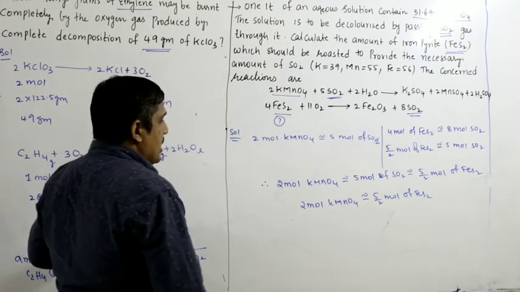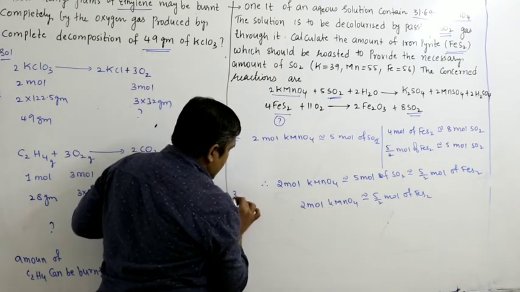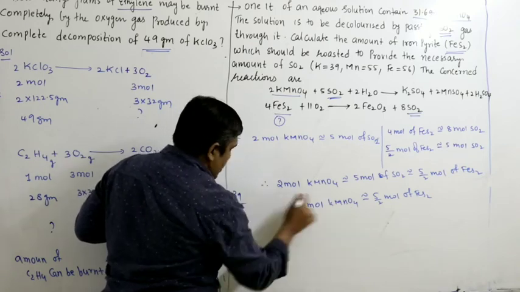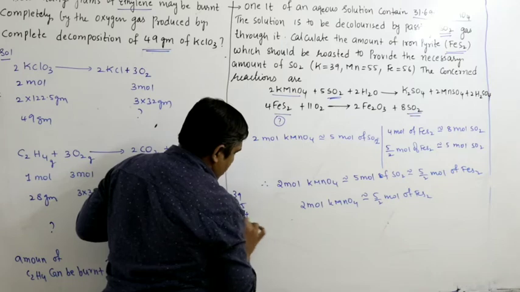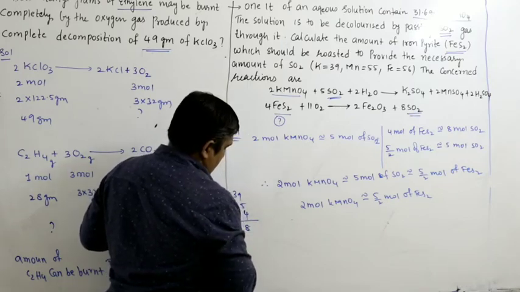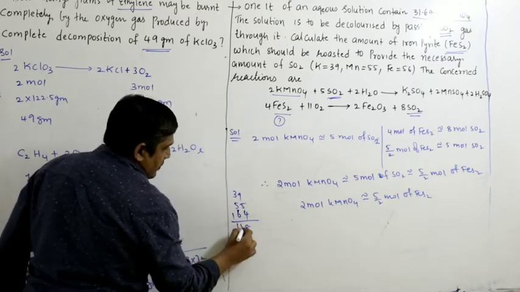2 moles of KMnO4, converting into mass: potassium 39, manganese 55, oxygen 4 into 16, 64, so 158.